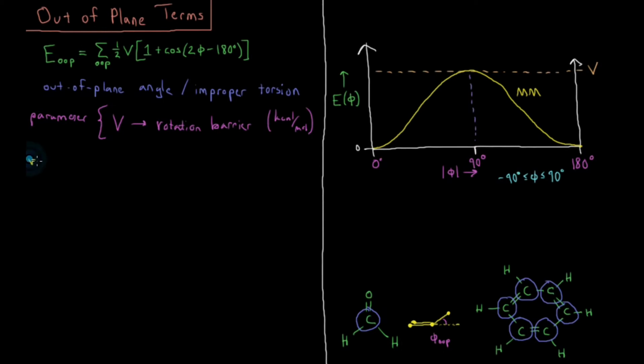And then the variable of interest is going to be phi, which is our out-of-plane or improper torsion angle.